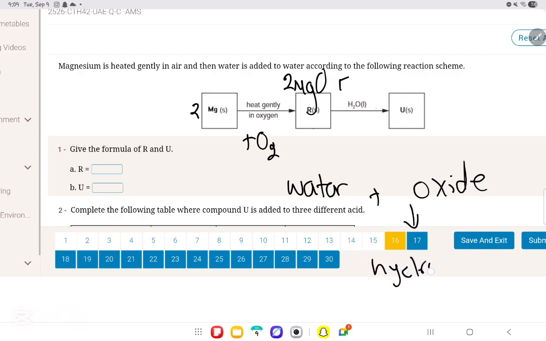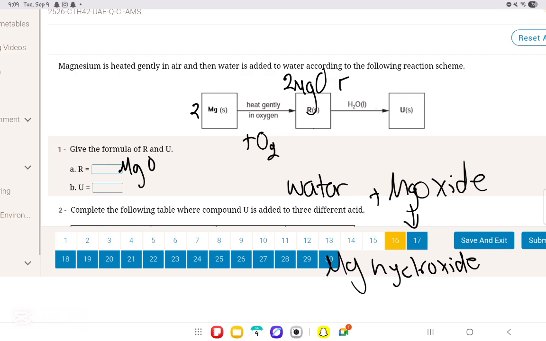So in this case, water plus magnesium oxide is going to be magnesium hydroxide. So again, 2 Mg solid plus O2 will give us 2 MgO. I don't think they want the 2, so you will just write it as MgO. This is R. And anytime you add water to an oxide, you will get a hydroxide. So if you add water to magnesium oxide, you will get magnesium hydroxide.